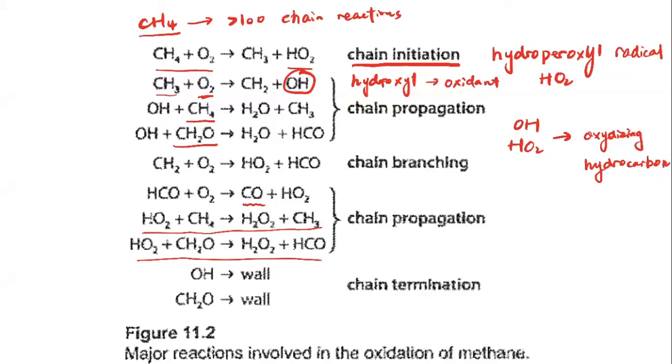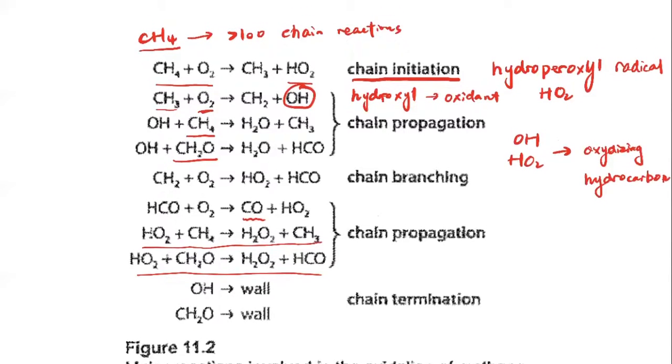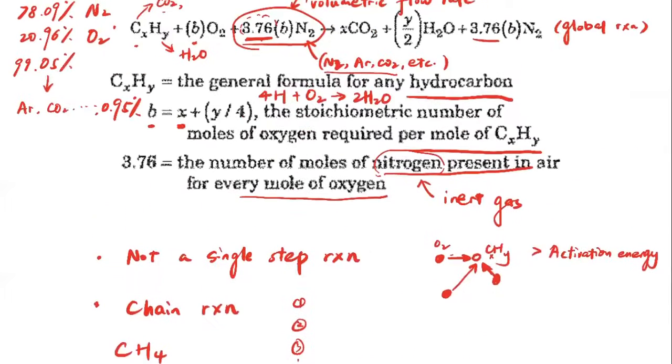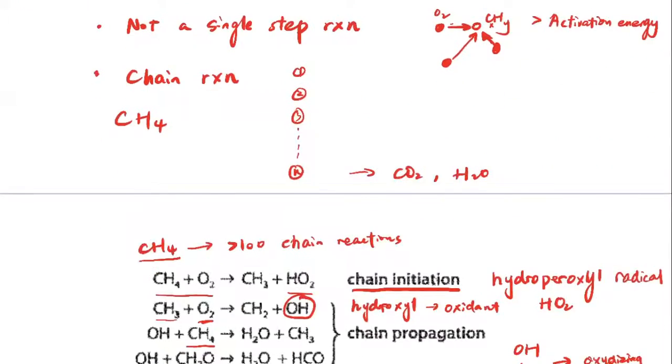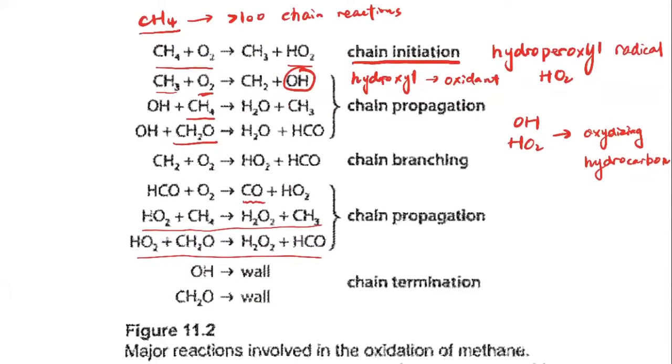Okay, so you can see that even for the reaction of methane, this reaction can be very, very complex. This is a major difference between the global reactions that we mentioned here and the chain reactions. Due to the complexity of this series of reactions, people actually find something in the middle.